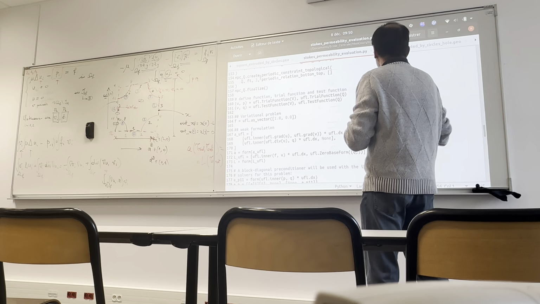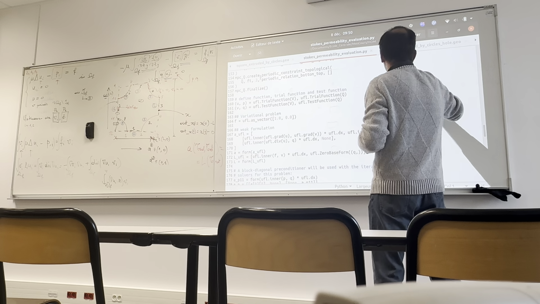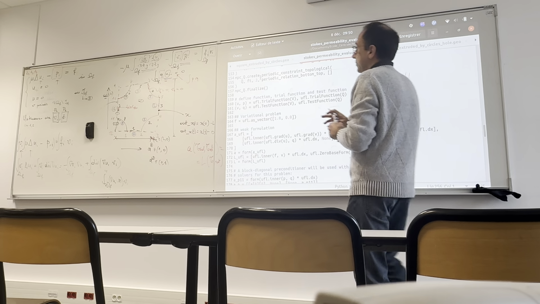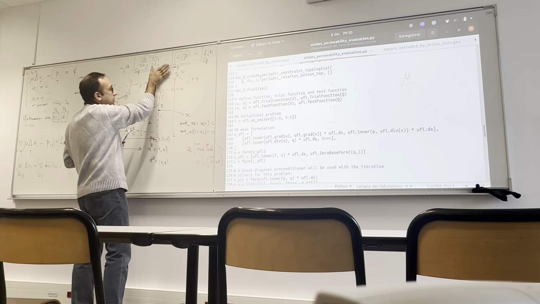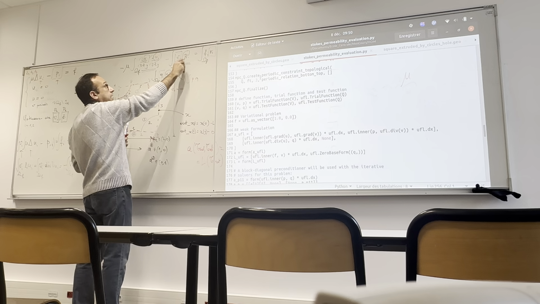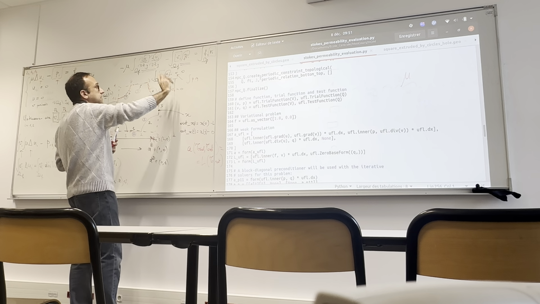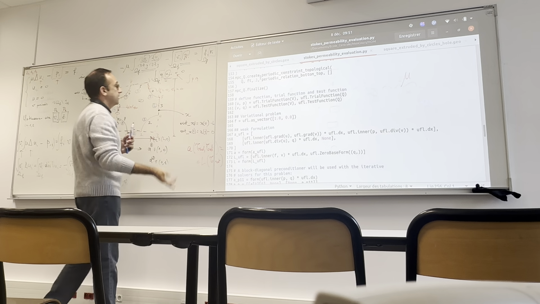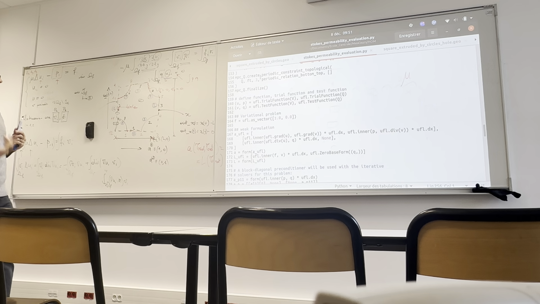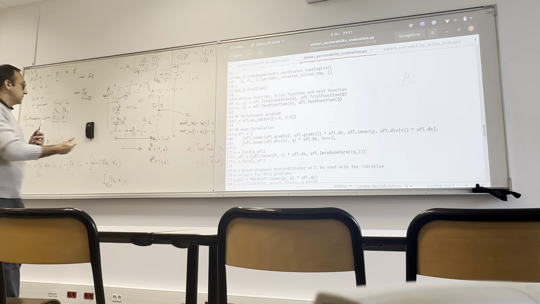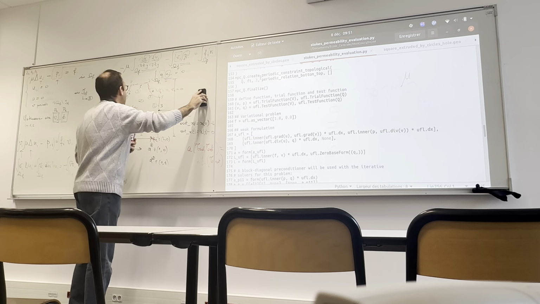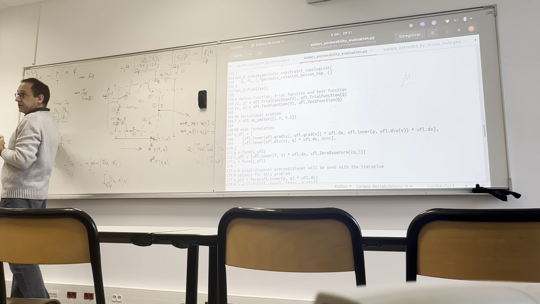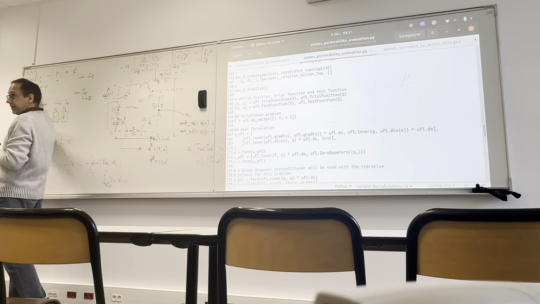If you remember, the previous form was just this equal to that, without this and without that, because we were restricting our analysis to the case where test and trial velocities had zero divergence. This is no more the case, and so we have to incorporate this second equation because it's not automatically verified, it's not for free.